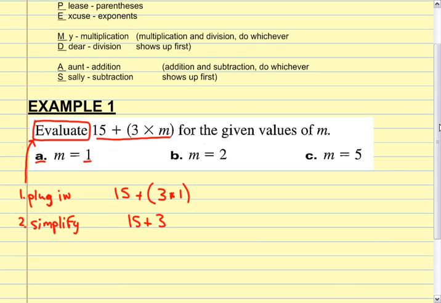Are there any exponents? No. Okay, what do I do after that? Do I have any multiplication or division? No. What do I do next? Addition or subtraction. Do I have any addition and subtraction? What do I have? And so 15 plus 3 gives me what? 18. Now guys, I'm not going to finish this before the video goes off. We're going to pick up in the next one, okay?